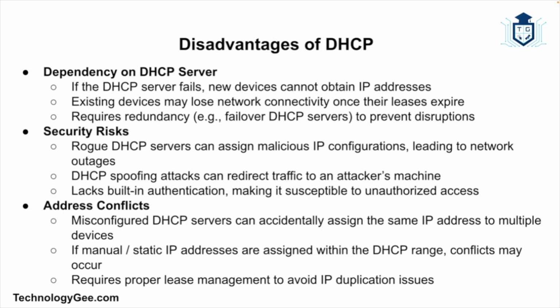DHCP is vulnerable to certain security risks, such as unauthorized DHCP servers, which are also known as rogue DHCPs, and DHCP spoofing attacks, which can disrupt network operations. And then there are address conflicts. In rare cases, IP address conflicts can occur if the DHCP server does not properly manage the lease database, or if multiple DHCP servers are configured incorrectly.